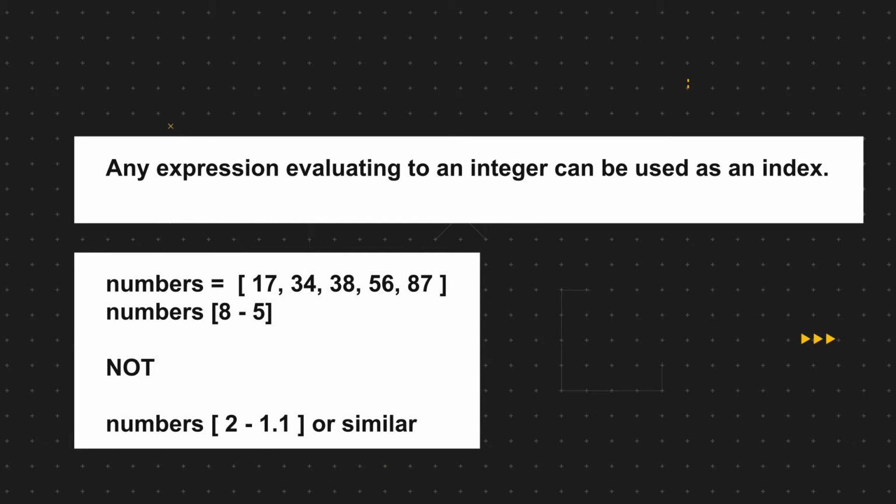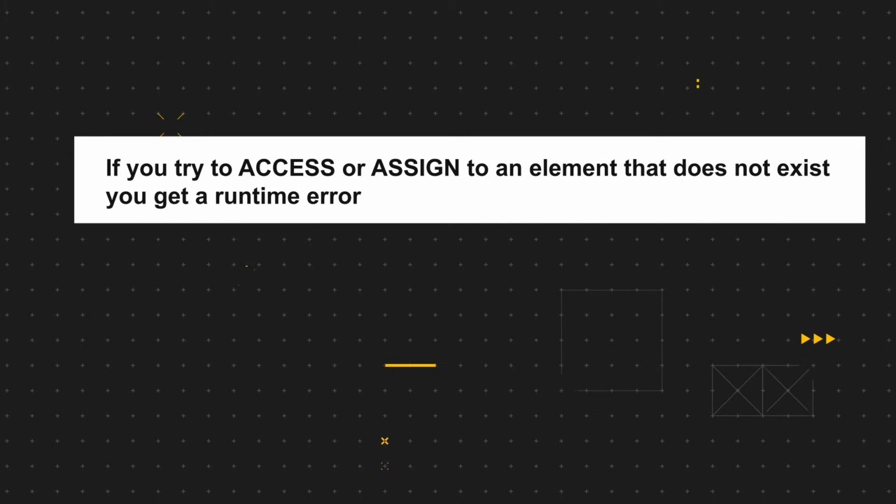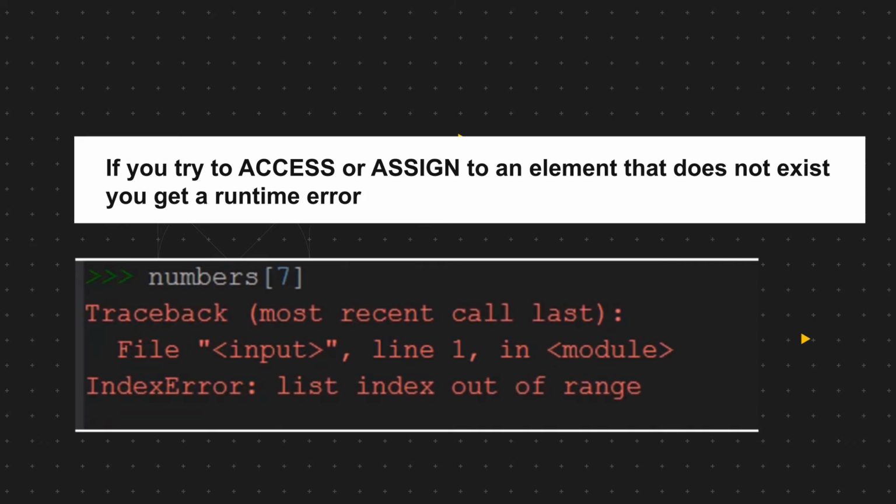Now, any expression evaluating to an integer can be used as an index. For instance, 8 minus 5 equals 3, so it's going to give me index 3. But I cannot use a float for indexing. It will give me an error. If you try to access or assign to an element that does not exist, you get a runtime error.